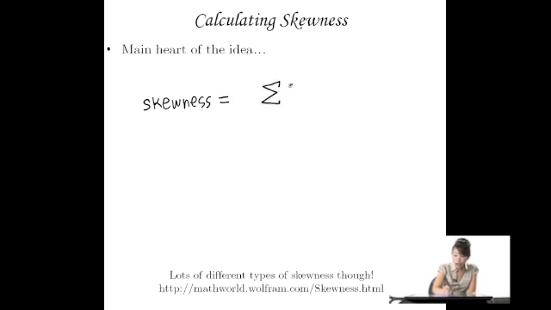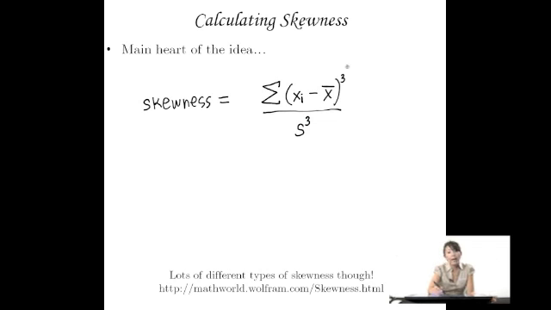So the sum of all the cubed distances of each point from the mean of the sample, but instead of sum of squares, it's the sum of cubes, over the standard deviation, little s, where we use the sample to calculate the standard deviation to estimate the population's, cubed. That's basically the crux of the idea. Now, there's going to be some more frills on this, but this is basically the heart of the idea.